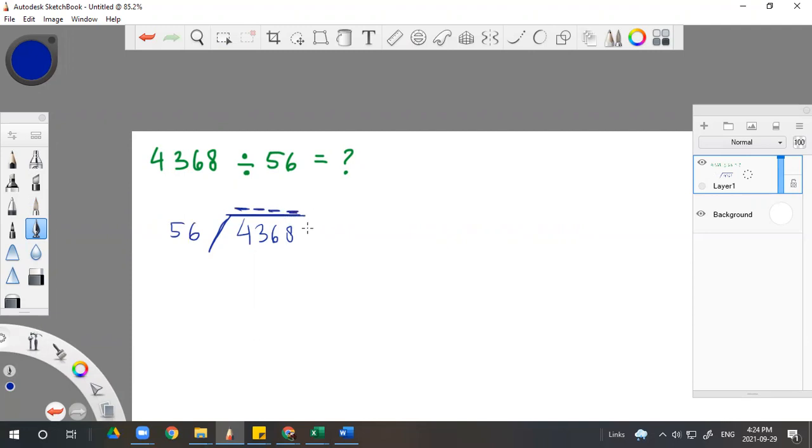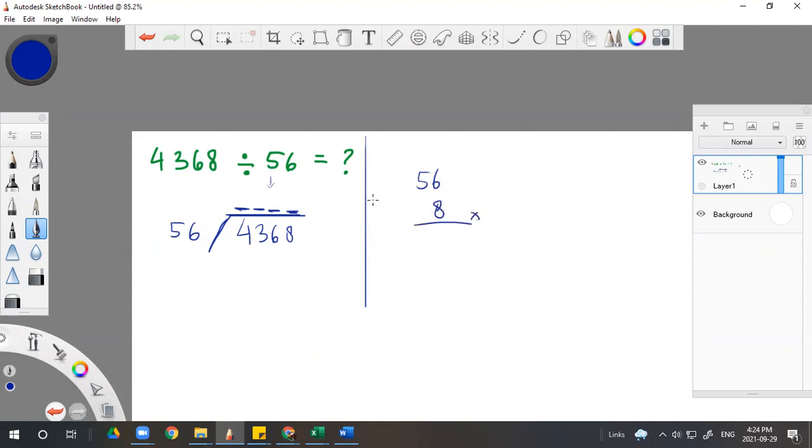But in this case, we can try to use the third digit. Why? Because on the second digit, it's still not enough. So you have to multiply 56 by a number near to 436, because you want to start from here.